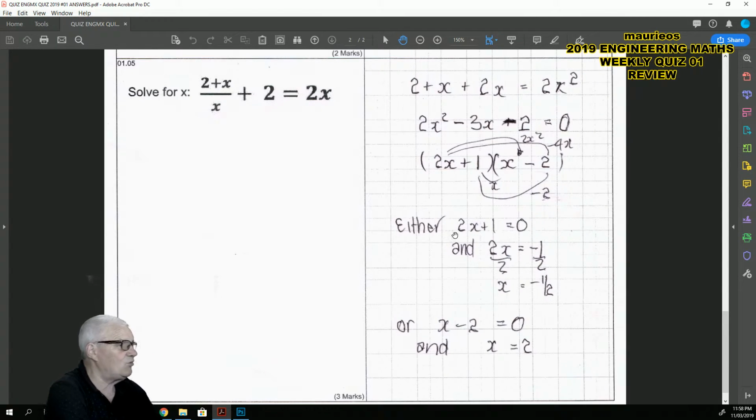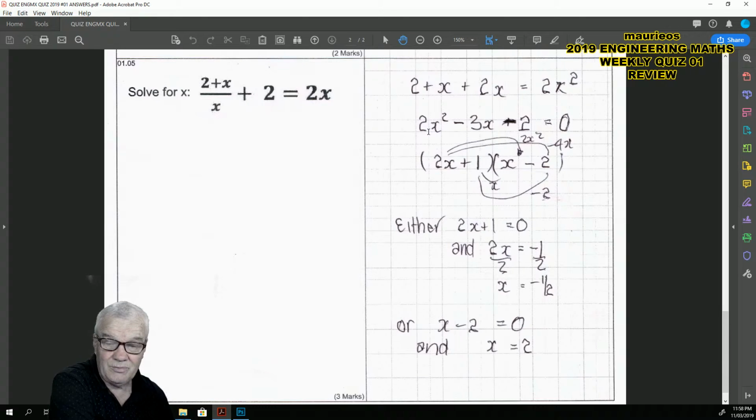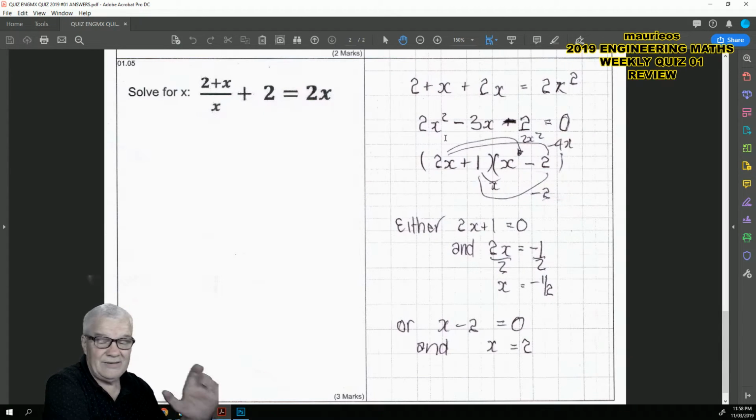Right, so now that's what we call a quadratic equation. And it looks to me like we can factorize that one, just by trial and error. Looking at the factors of 2, there are only 2 factors: 2 and 1.